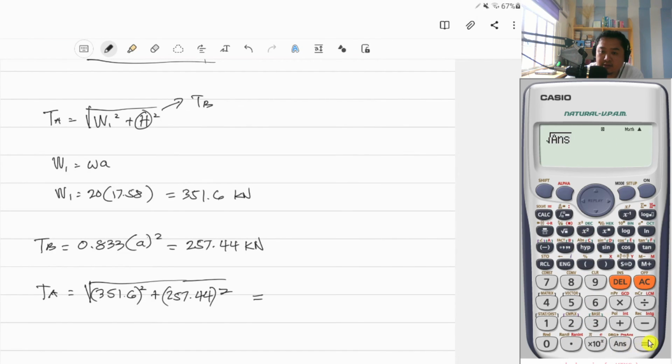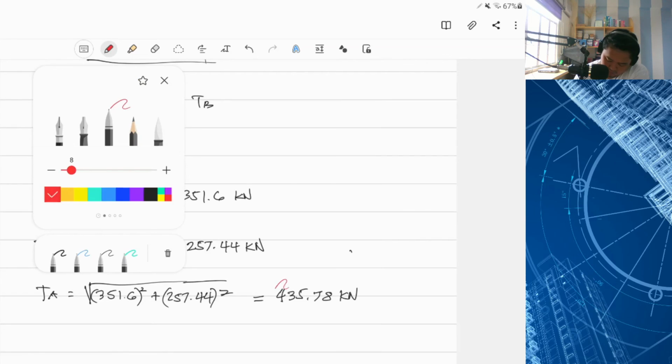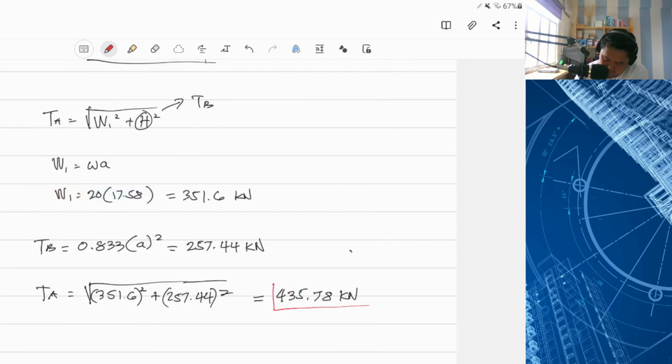Square root answer. So the answer is 435.7078 kilonewton. Okay? So this is the answer for number 2. There is a slight difference compared to our LP, but that is due to rounding off.